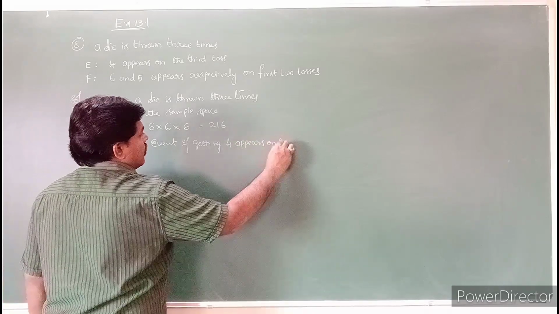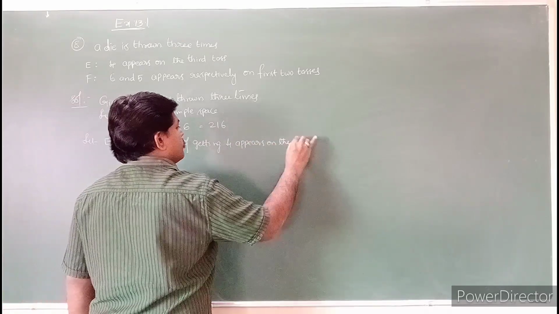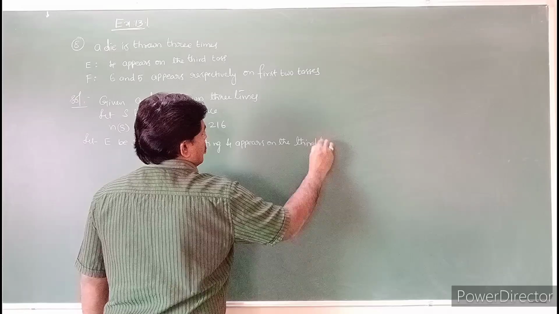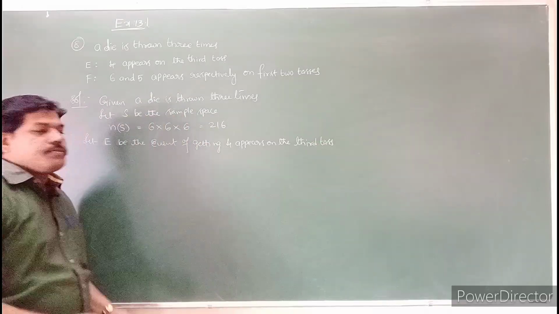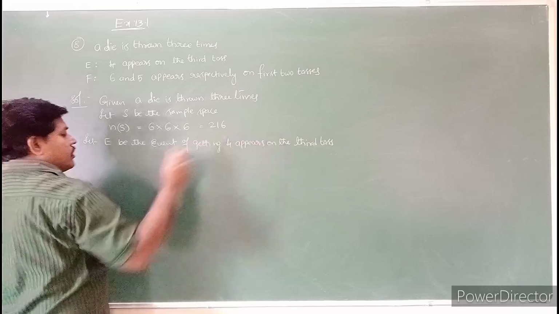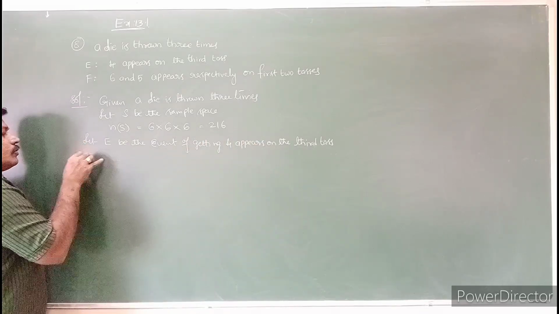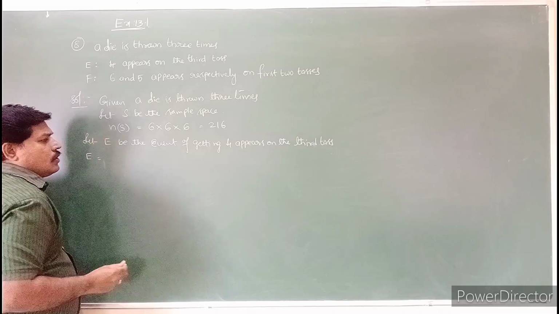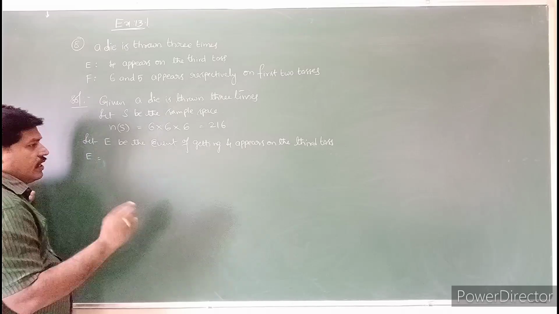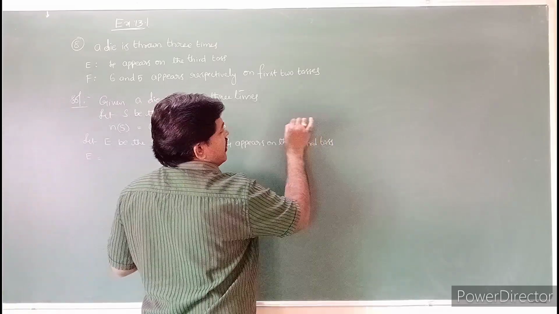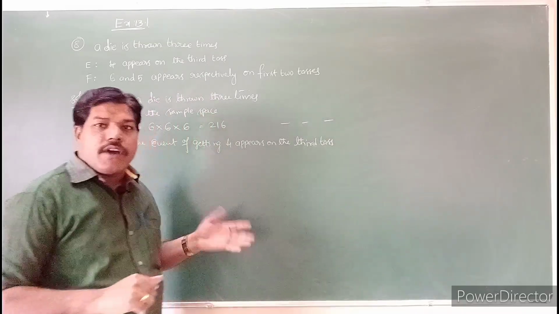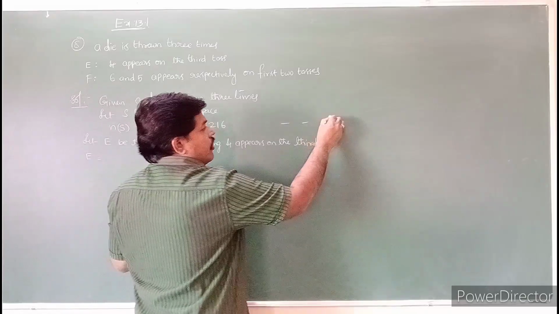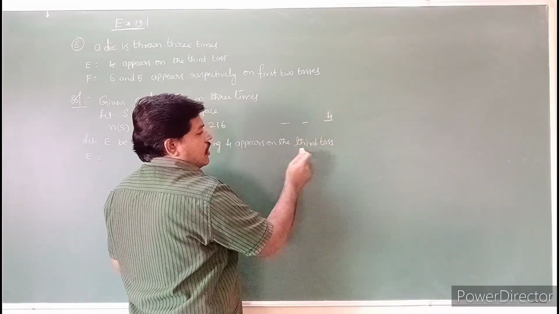What does this mean? How many outcomes are there? Here 4 appears on the third toss, so how many times are you rolling? 3 times, you are tossing 3 times. Here you have to get only 4. In the third toss you have to get the 4.